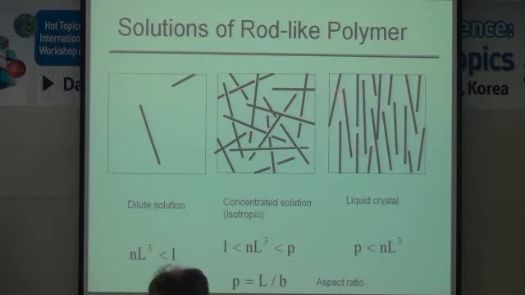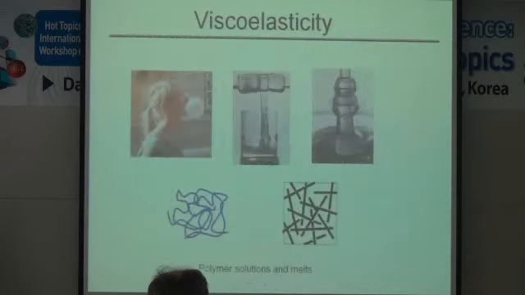But today I will mainly focus on dilute solutions. Now, I have to explain the keyword, viscoelasticity. This polymer is a very large object, and therefore it moves very slowly, so you will have this property called viscoelasticity.